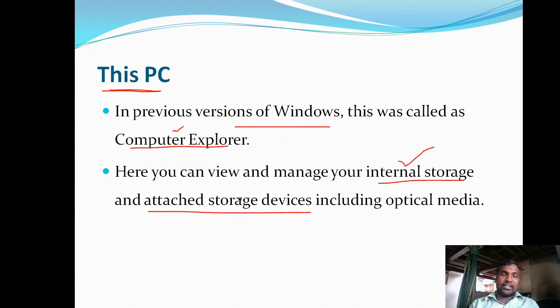It may include DVD or CD drives or any other optical media, or any USB drives, mobile phones, etc. So with the help of the This PC command, you can view and manage the files and folders and storage areas available in the computer, along with the memories which are attached to this computer.